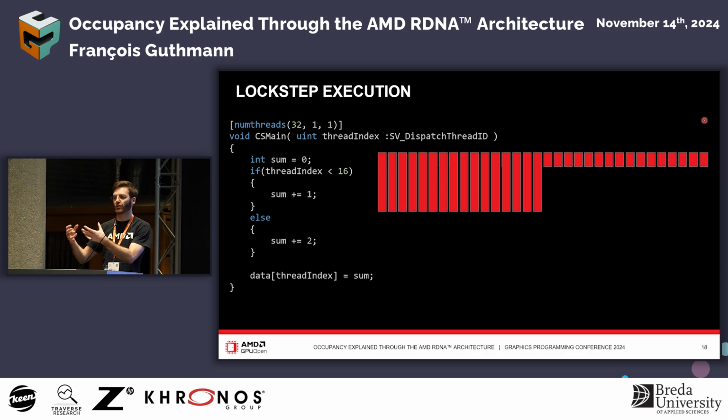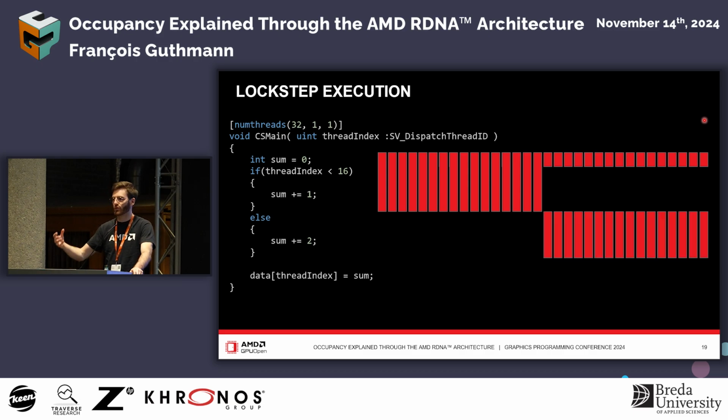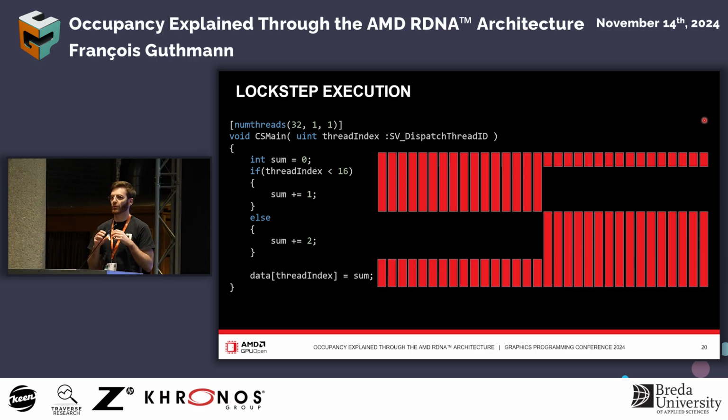The threads that don't execute the code won't touch their own copy of sum. So in this case, the first 16 threads take the condition, they add 1 to their own copy of sum, and the other ones don't do anything. Afterwards, we invert the execution mask, and the other 16 threads add 2 to their own copy of sum. And in the end, when we want to store everything to memory, we'll have 16 ones and 16 twos.